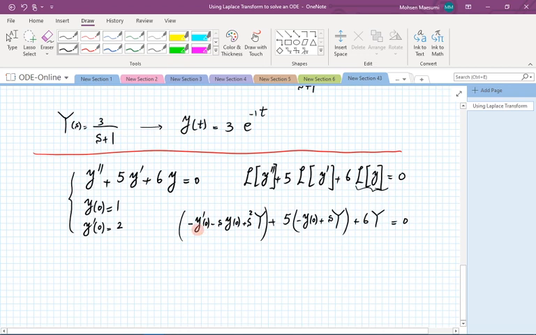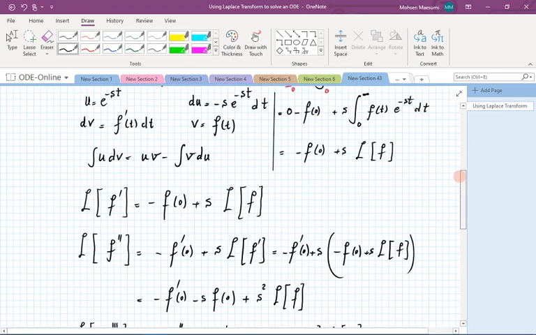I have minus y prime 0, so that's minus 2, minus s y0, where y0 is 1, and this is s squared Y, plus 5 times, with y0 being 1, s times Y, and 6 times Y, equal to 0.